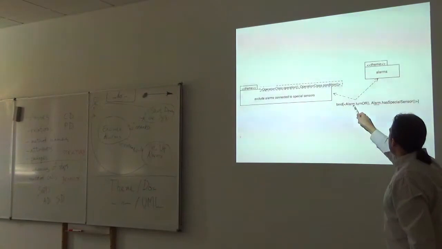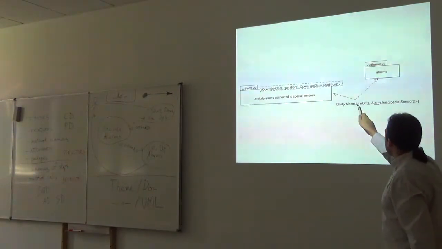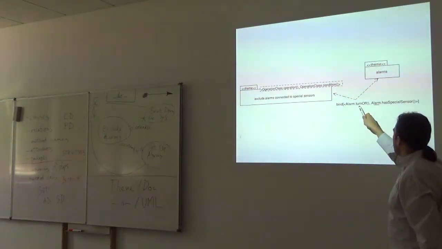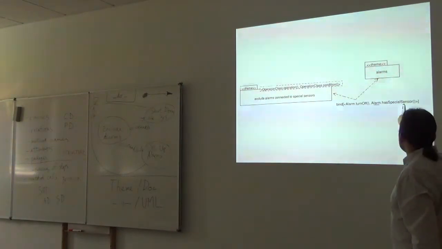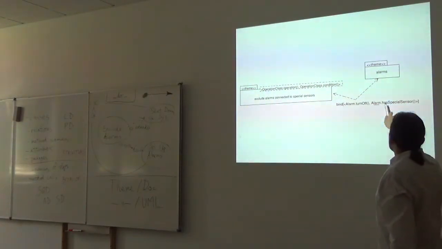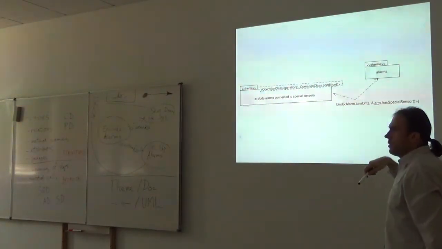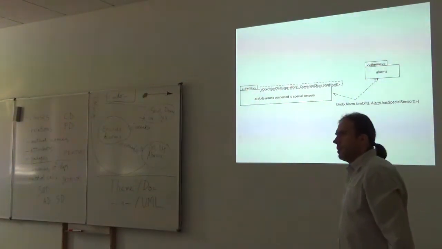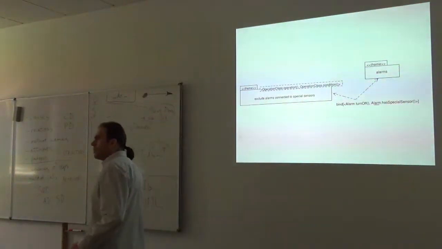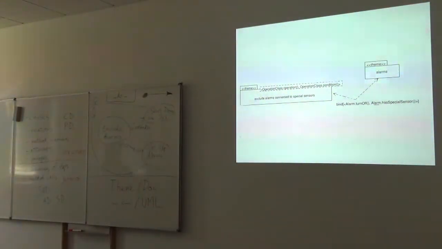We bind these two operations: the operation to be tracked and presumably in some cases blocked, and the condition testing operation, has special sensor here. These two things come from the alarm class, which is defined here, and we put these elements into function within this theme.